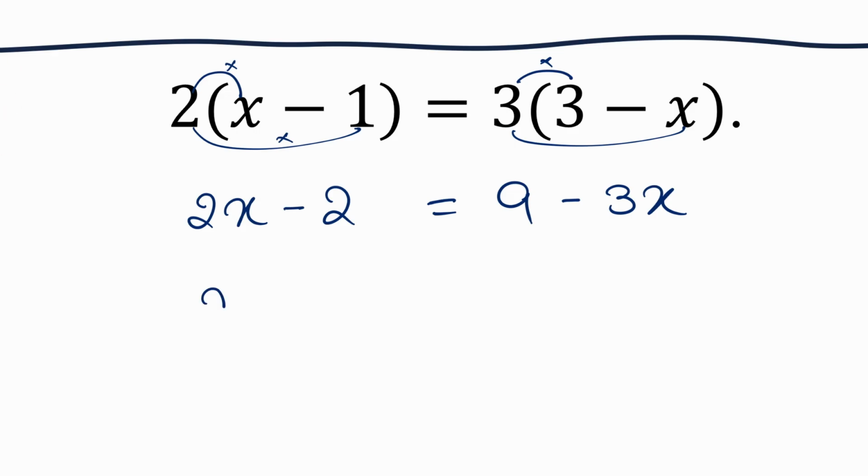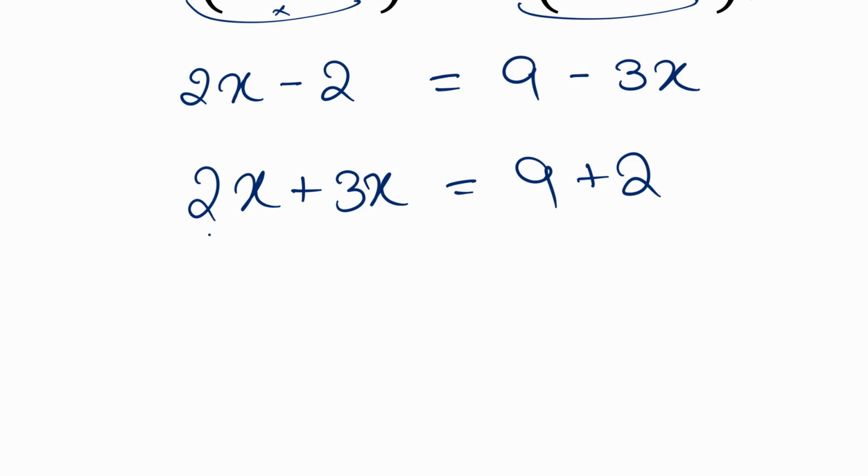2x is already there on my left hand side, and I'm moving the negative 3x to the left hand side, so the negative becomes positive 3x, equal 9 is already there, rewriting that, and moving the negative 2 to the right hand side, so it becomes plus 2.